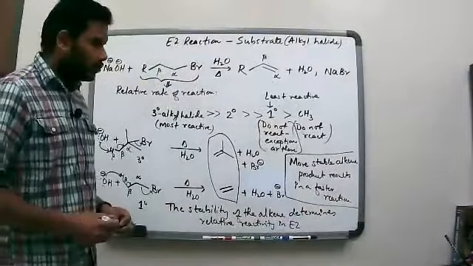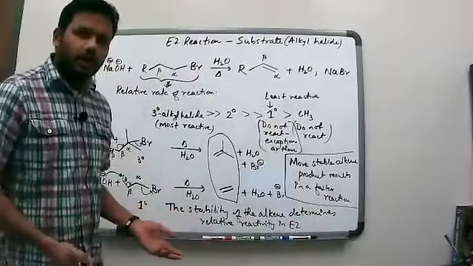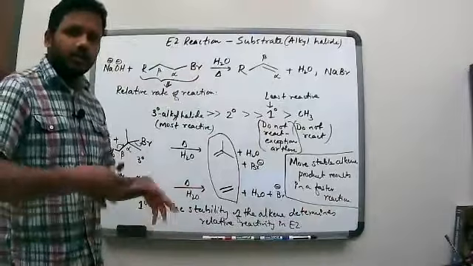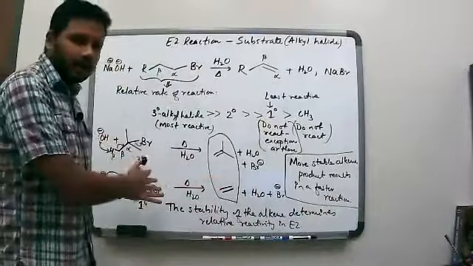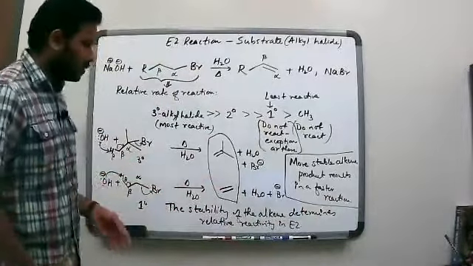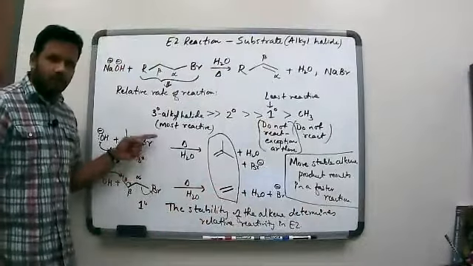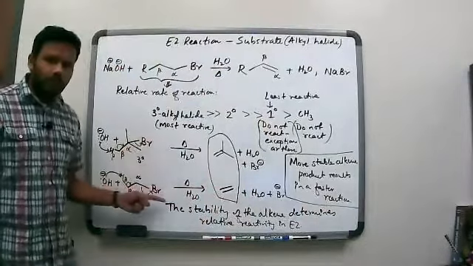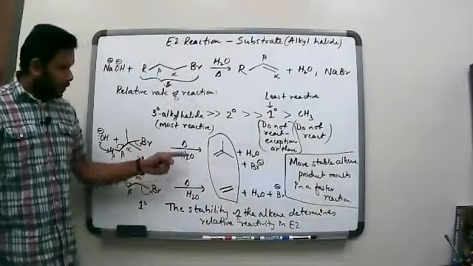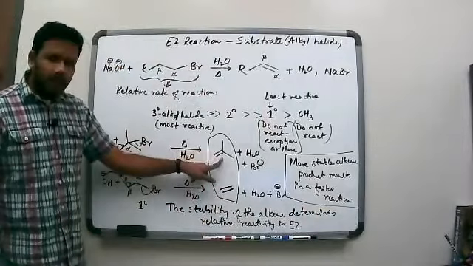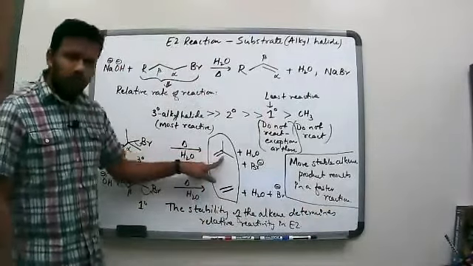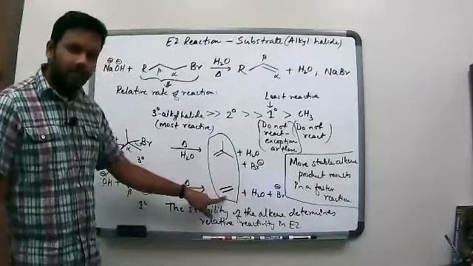Okay, so the more stable the alkene product is, the reaction itself goes faster, or the alkyl halide is going to react faster. And so what that means is, between the tertiary and the primary, the alkene that's formed here is more stable than the alkene that's formed here.